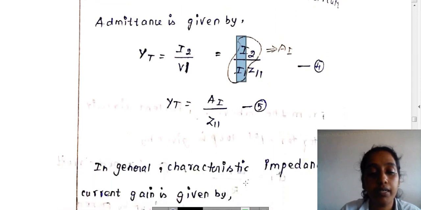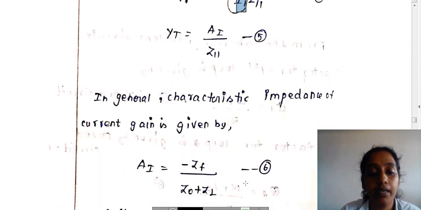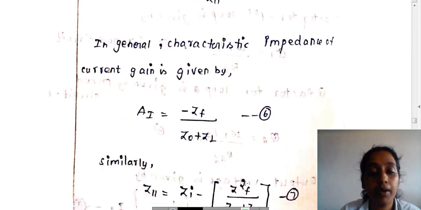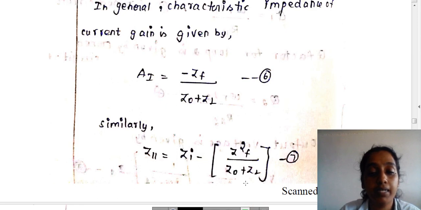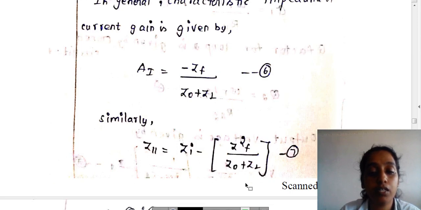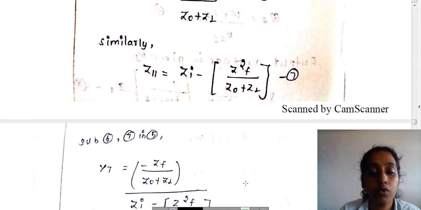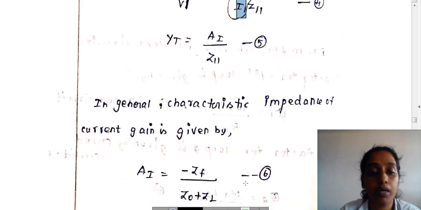In general, the current gain I can write as minus Zf by Z0 plus Zf. Similarly, the value of Z11, the impedance of the first loop, I can write as Zi minus Zf square by Z0 plus ZL. We know that the total admittance Yt is Ai by Z11.